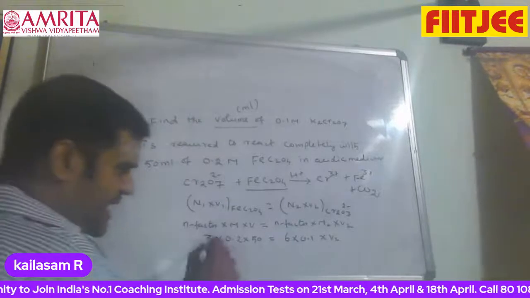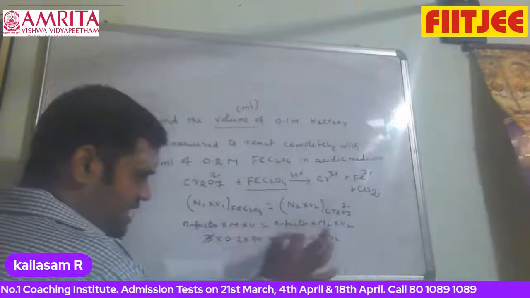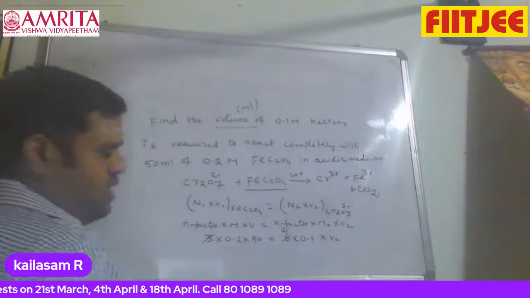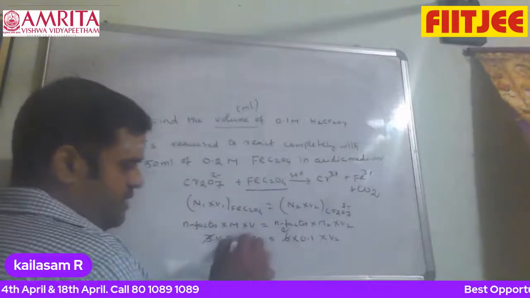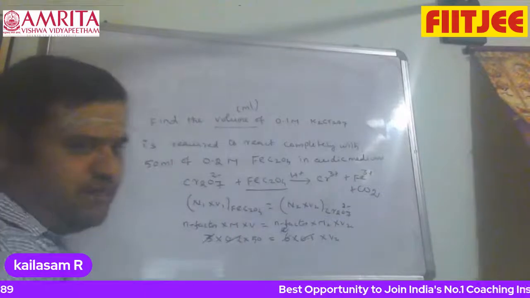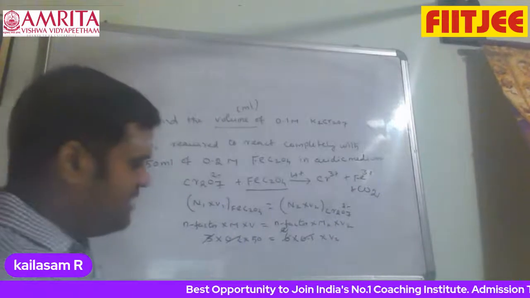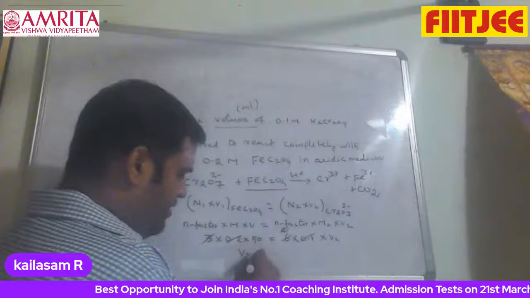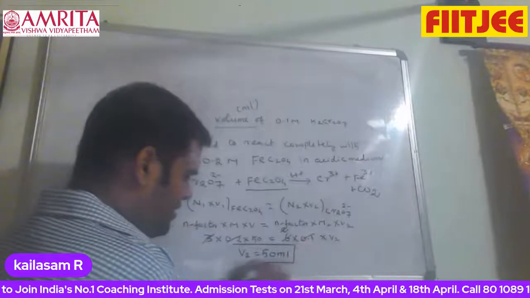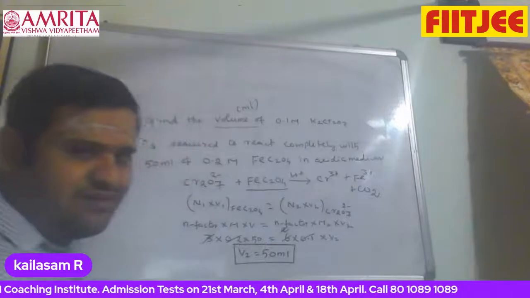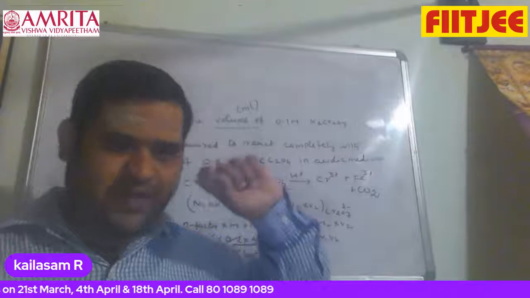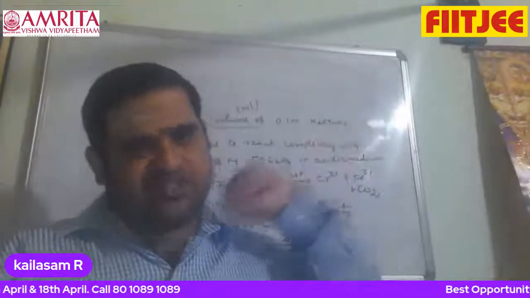So now I can cancel it off. Obviously this and this will be cancelled. 0.2 by 0.1 is 2, cancelled off. So these types of questions we may expect in JEE mains.